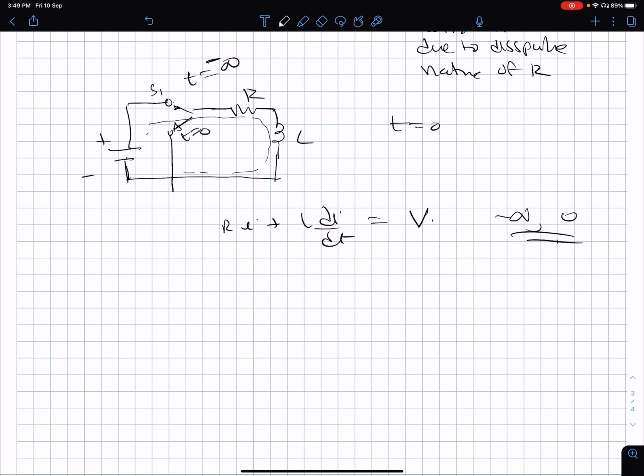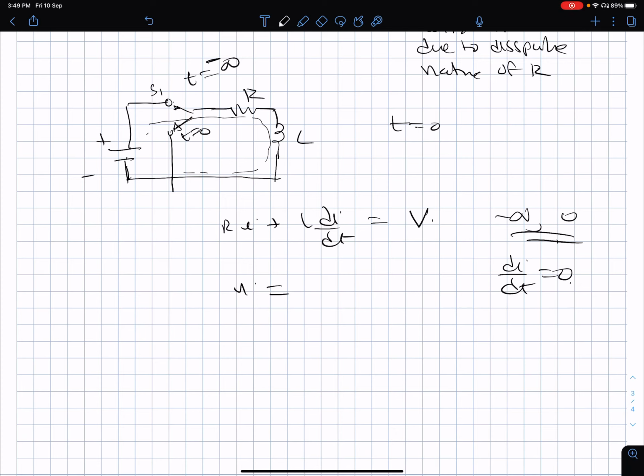It's a long time. So if a steady state was feasible with DC, what would you expect for the value of di by dt in steady state? This value will go to 0. So the current becomes constant in the inductor, and di by dt will be 0.